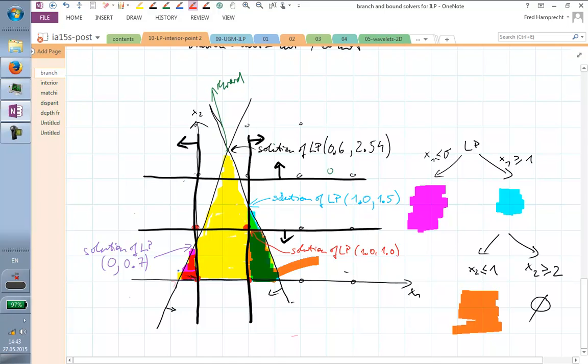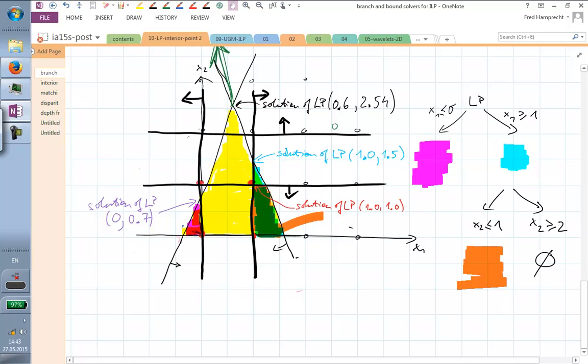The reward vector was pointing in this direction here. And I can now compare the reward of this integer solution with the reward for my purple region. At this point, I will find that the solution of my brown region, which is already integer, gives me a higher reward than the solution of my purple region, which is still fractional.